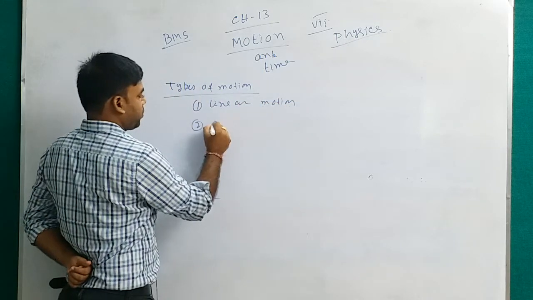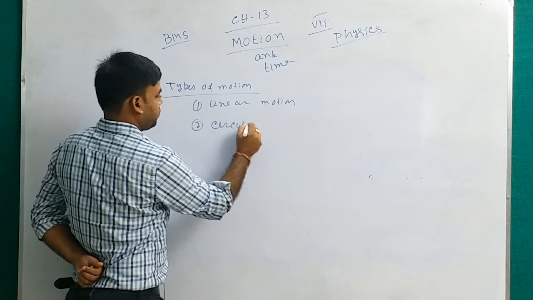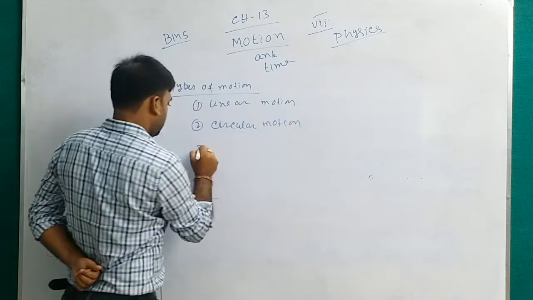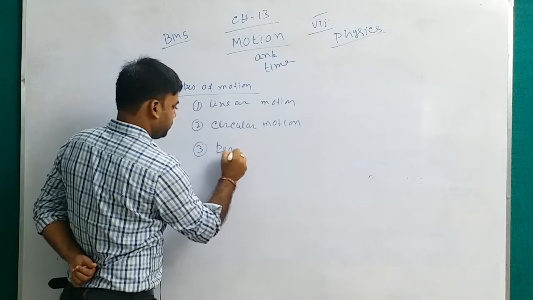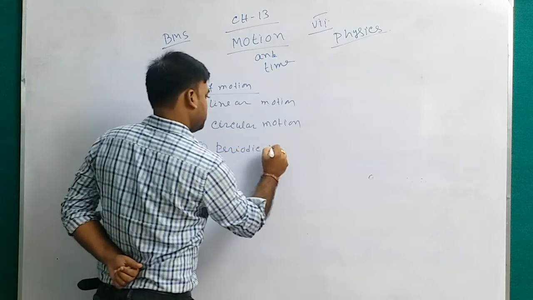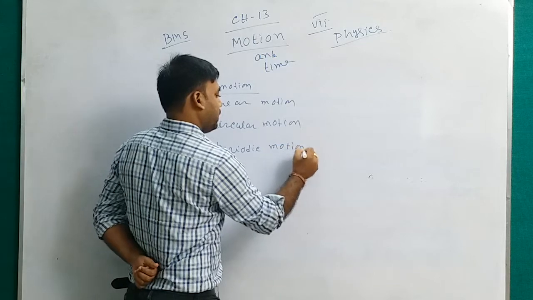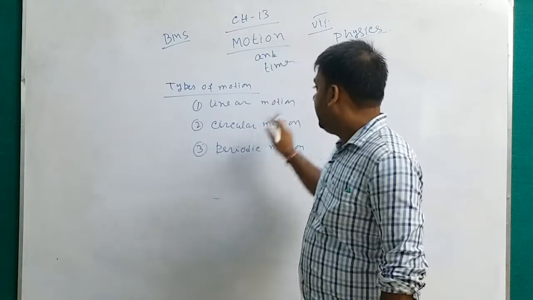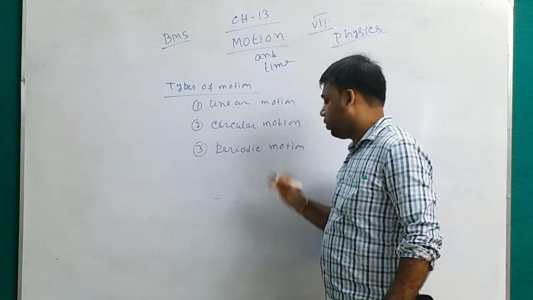Second, circular motion. Third, periodic motion. Mainly these three types of motion are there: linear motion, circular motion, periodic motion.